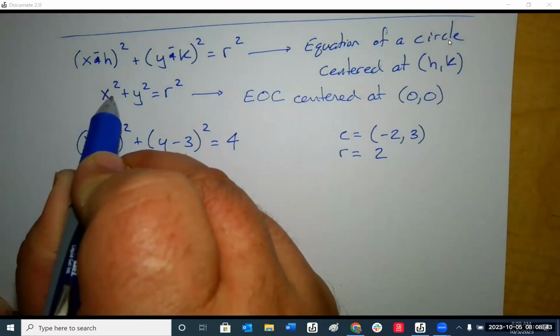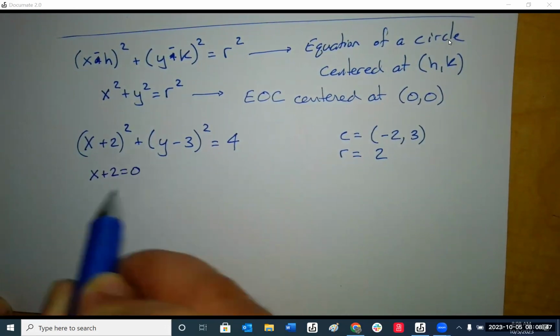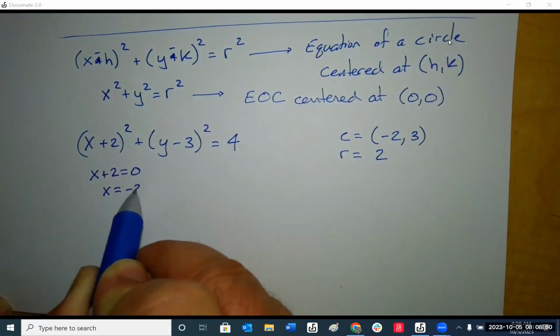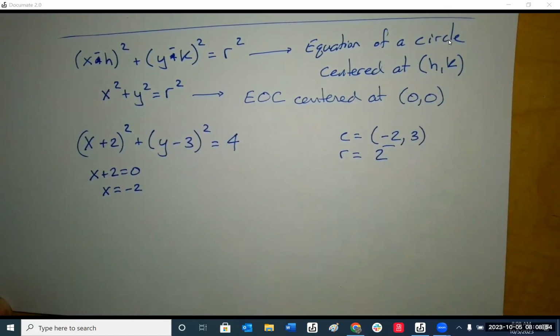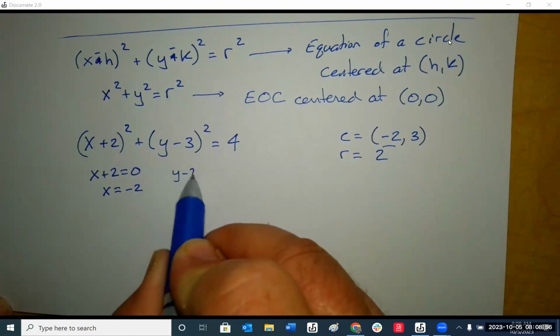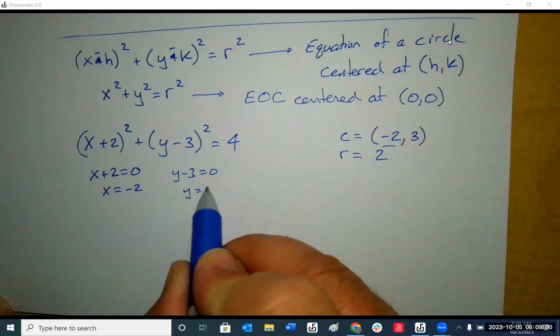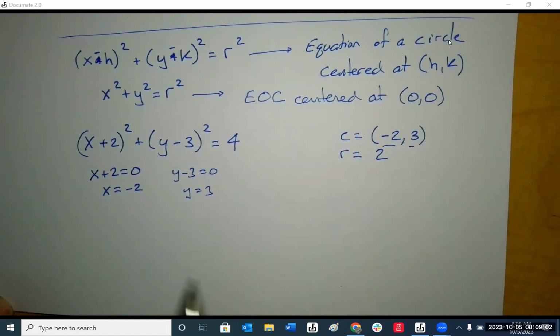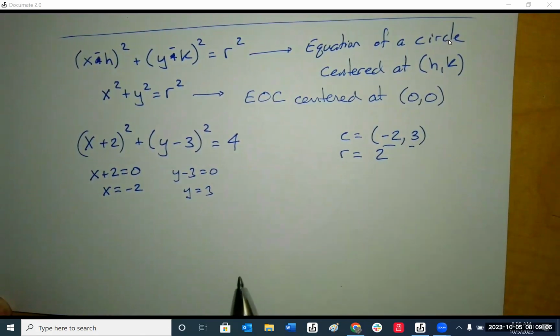The h here is 0. So x plus 2 equals 0. X will have to be -2. Y minus 3 equals 0, because we want to get back to the origin. So y equals 3. So if it's inside the parentheses, it's always the opposite, the answer.